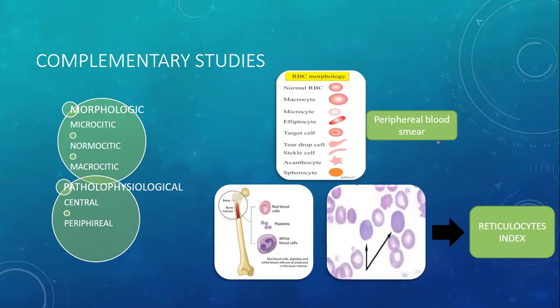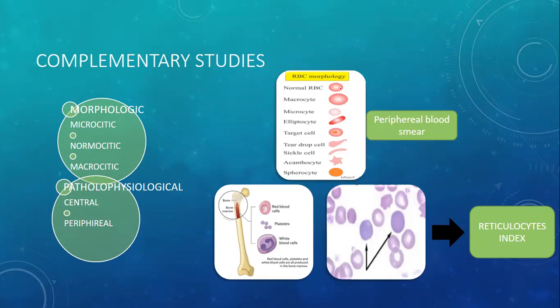Anybody? Okay. So a peripheral blood smear is translated to Spanish as frotis de sangre periférica. Okay, so this is frotis de sangre periférica, peripheral blood smear.